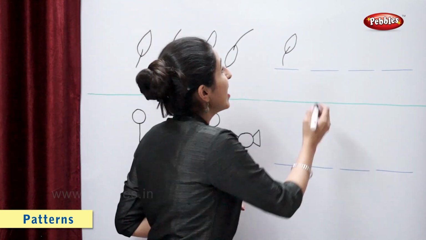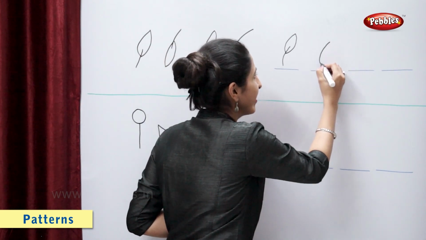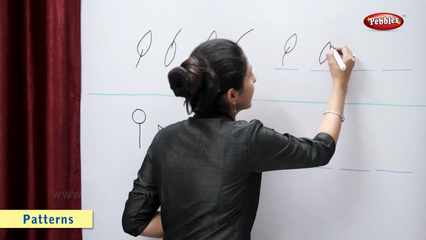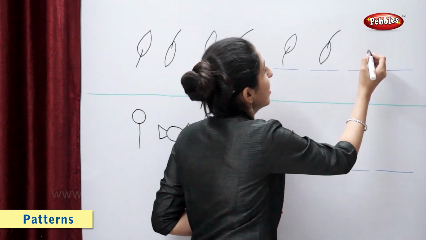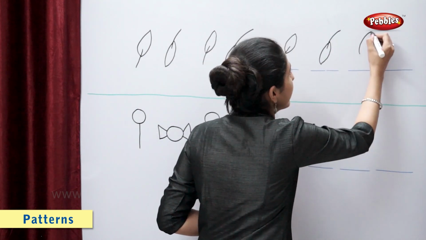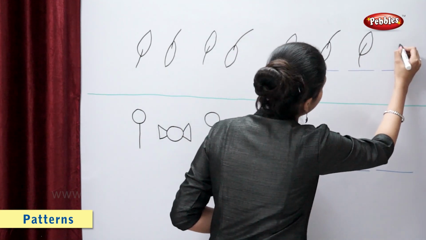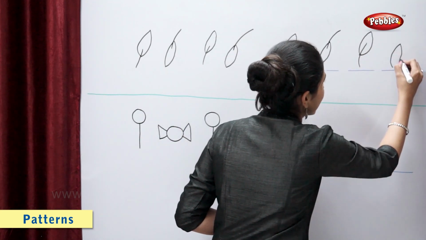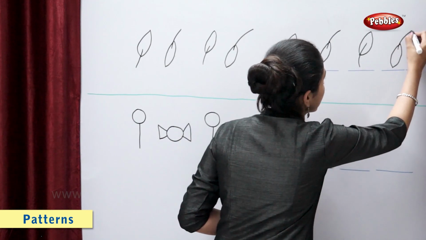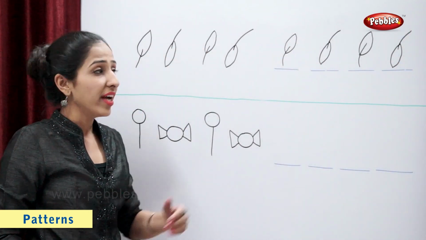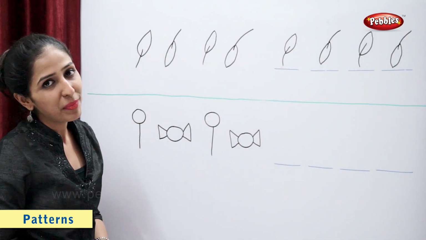Correct. Inverted leaf. Leaf. Inverted leaf. So, this pattern is complete.